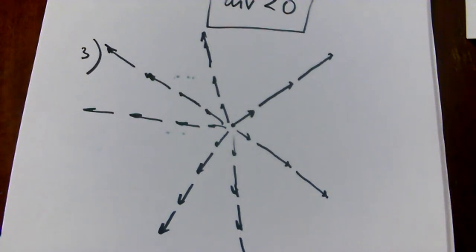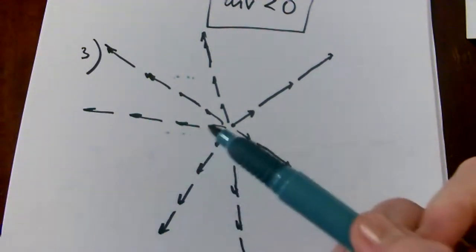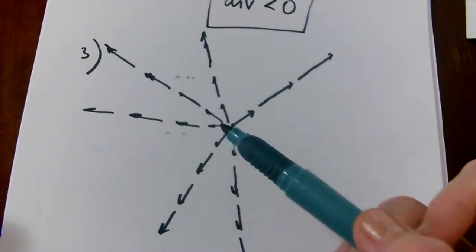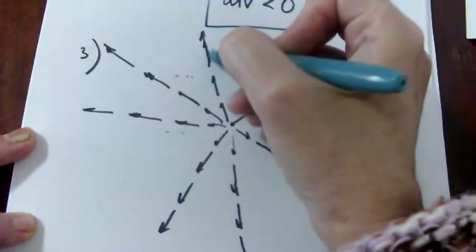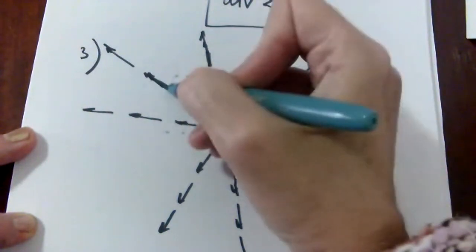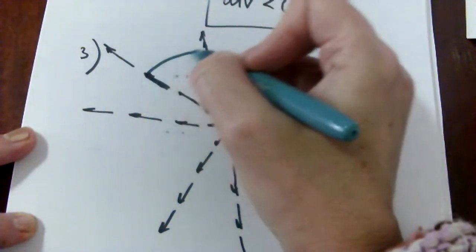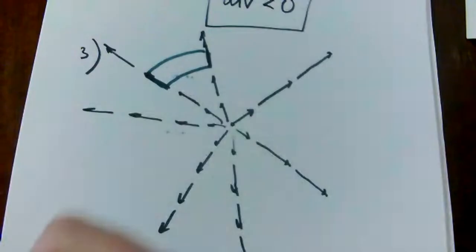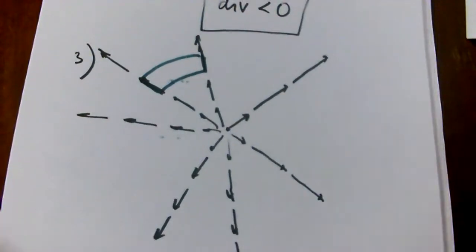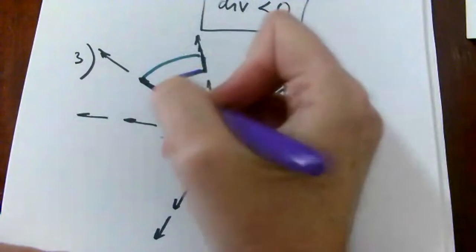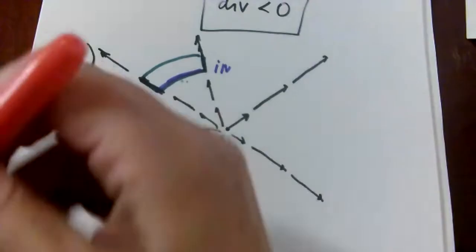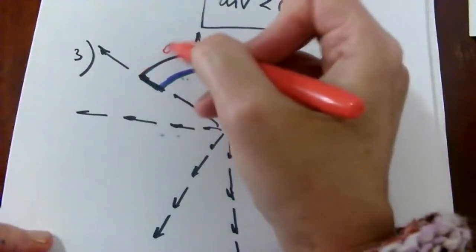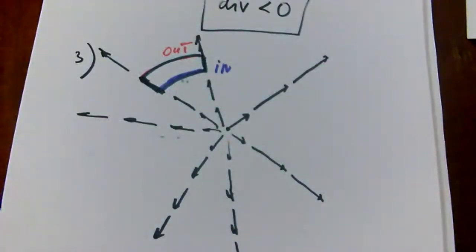because the first rule you need to comply with is that two sides of the box should coincide with your vectors. So let's take this vector and this vector. Look at this. These sides will be like this, and your box will become curvilinear this time. This will be the front. Again, this will be in, because vectors are coming inside the box, and this will be the outer surface.